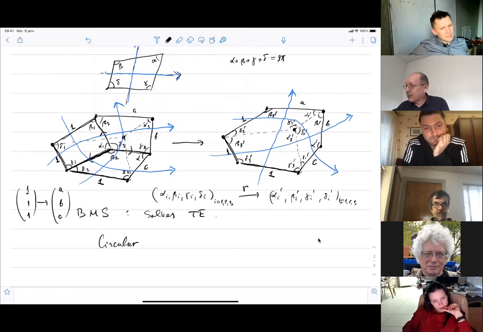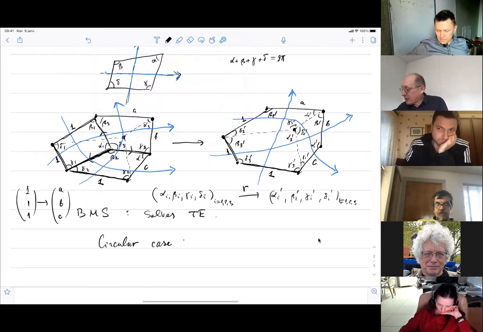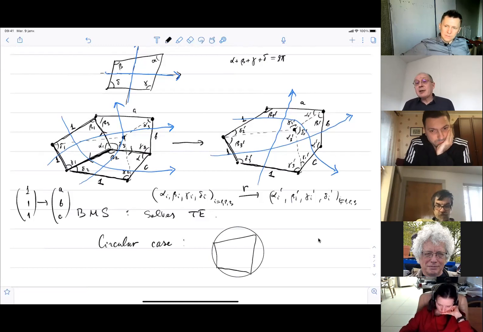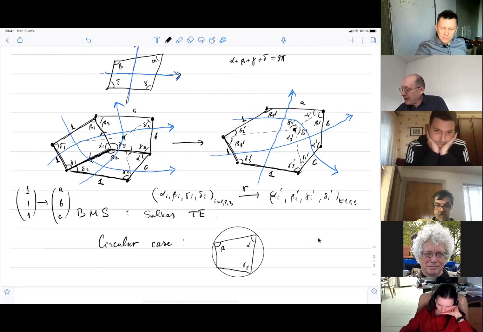Circular case, which means that you just draw a circle, and you require that your quadrilaterals are not arbitrary quadrilaterals, but inscribable into a circle, which means that if you have angles beta, alpha, gamma, delta, then now you have an extra condition that the opposite angles sum up to pi, right?